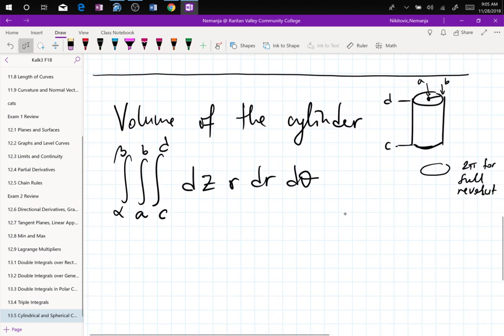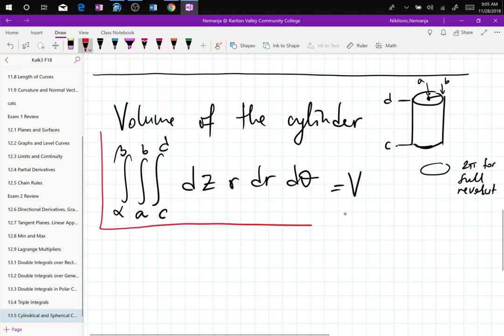So this is the volume for a cylinder. Do we really need the integral for it? No, volume for a cylinder is easy, right? It's the area of the base, pi r squared, times the height. You don't need an integral in Calc 3 for it. But then someone might ask you why, and there you go, that's why.